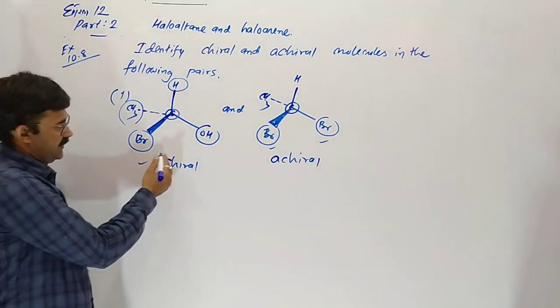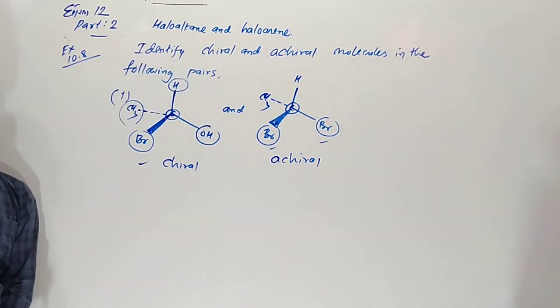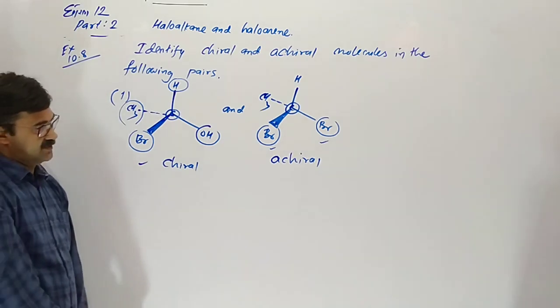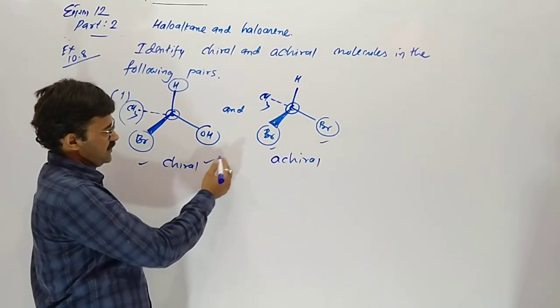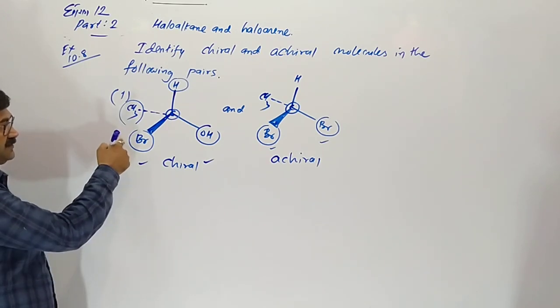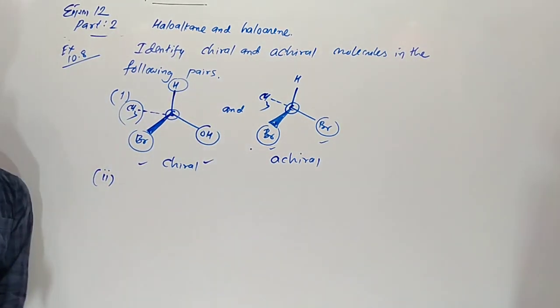This one is optically active: when we pass plane polarized light, it deviates light clockwise, otherwise anti-clockwise, left hand side, otherwise right hand side. It gives enantiomers. A mirror image occurs of this compound but not of this.